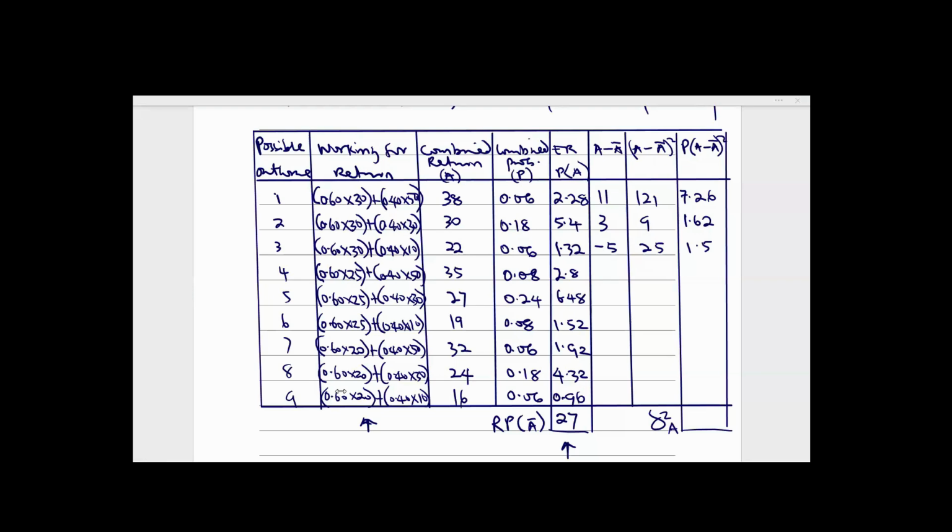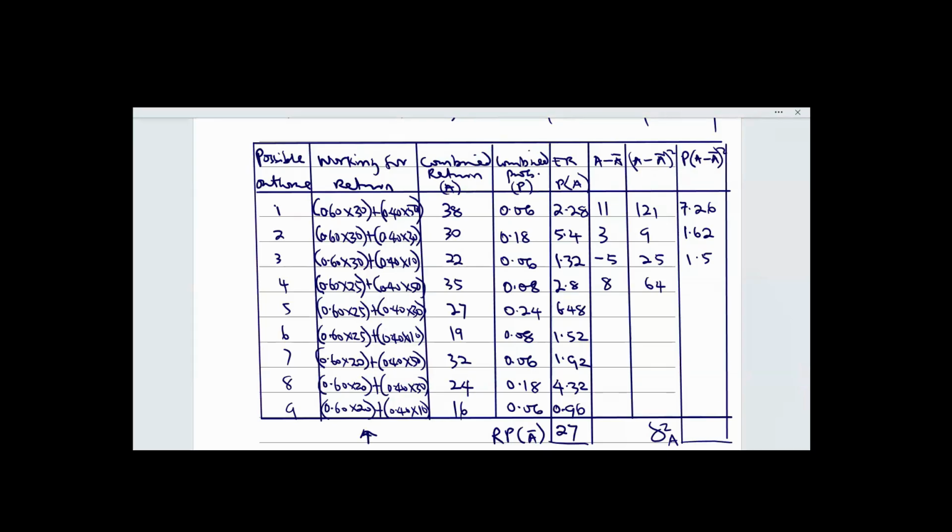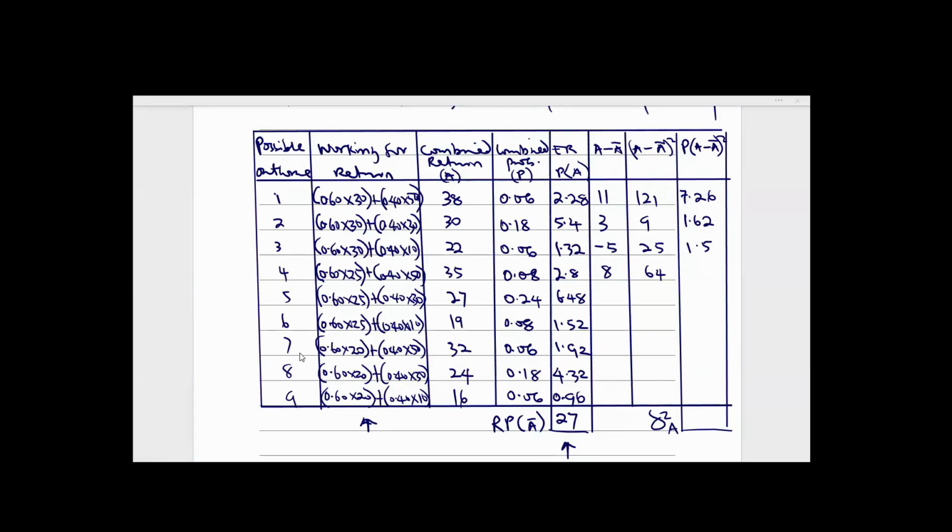Then 35 minus 27, that will give us 8. 8 squared will give us 64. 64 multiplied by 0.08, that's 5.12. The next one, 27 minus 27, 0. 19 minus 27 will give us minus 8.